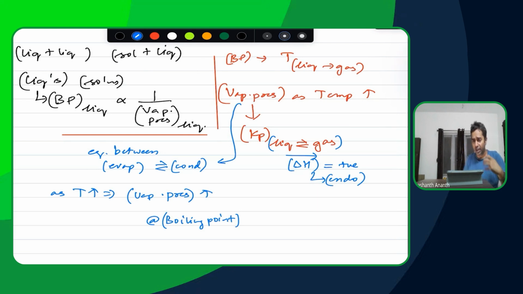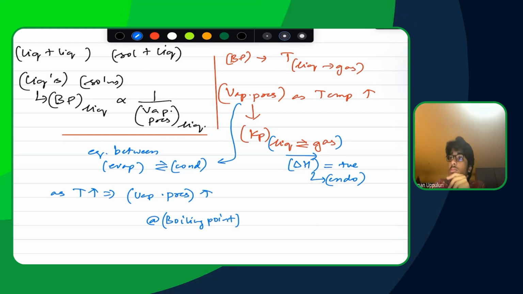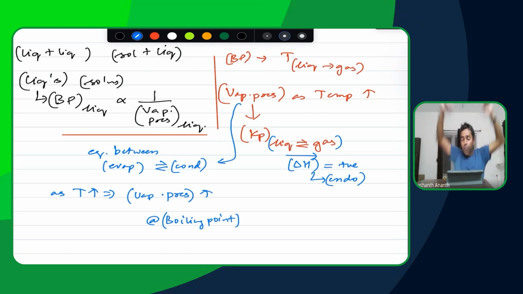What has been happening till now is the liquid is producing vapor. That vapor is being pushed down by the atmosphere from outside. And the atmosphere is actually preventing the liquid from escaping out completely into gas.